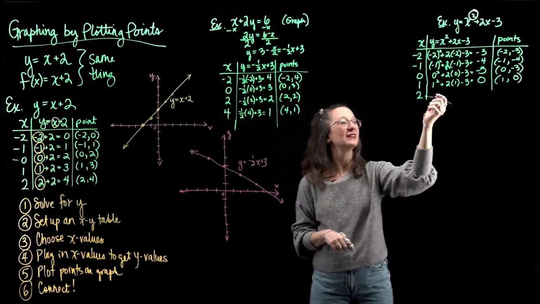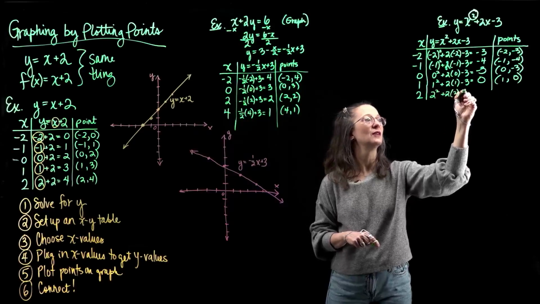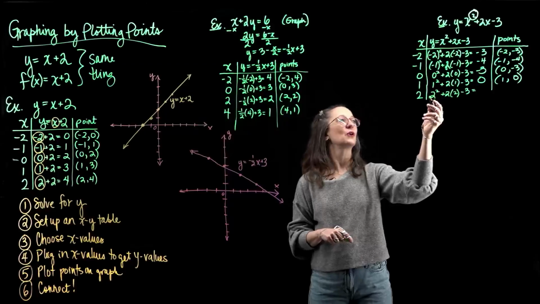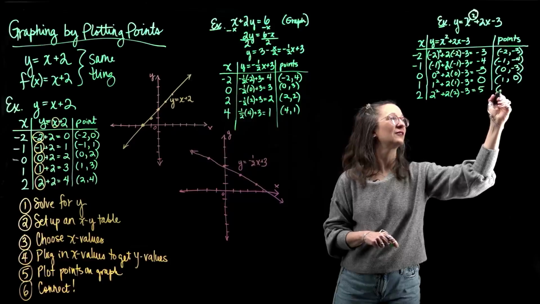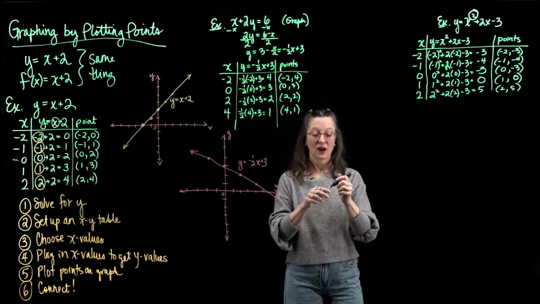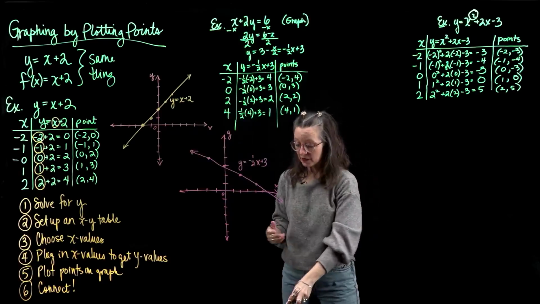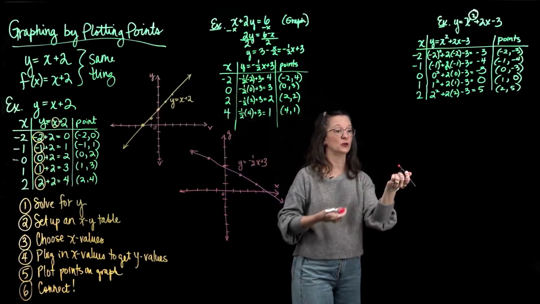And finally, when x is 2, 2 squared plus 2 times 2 minus 3. So 4 plus 4 is 8, minus 3 is 5. All right, we have 5 points. Let's plot them and see if that's going to be enough points to see what the graph is doing.